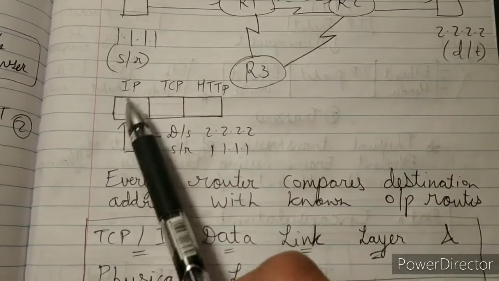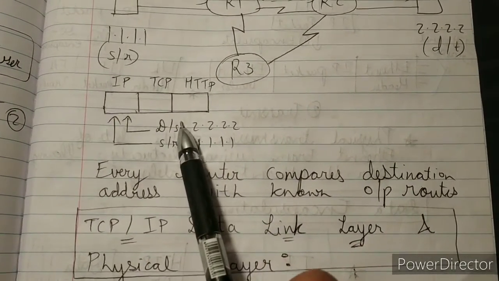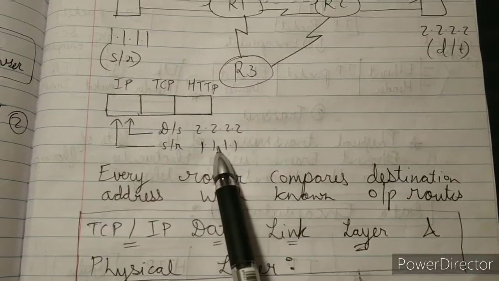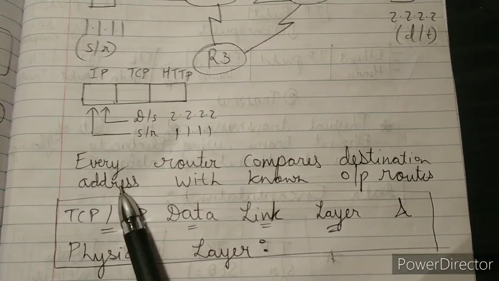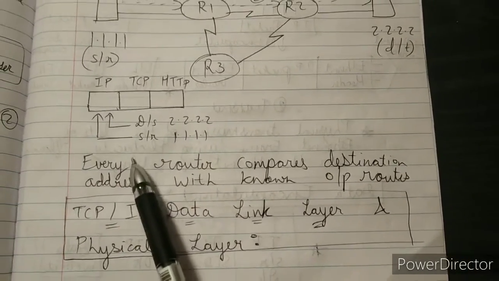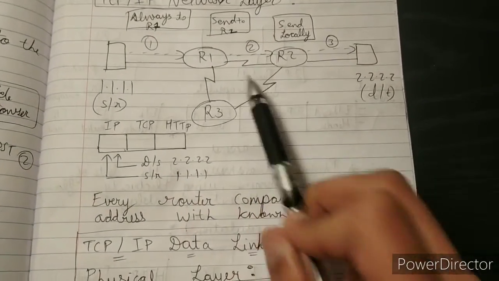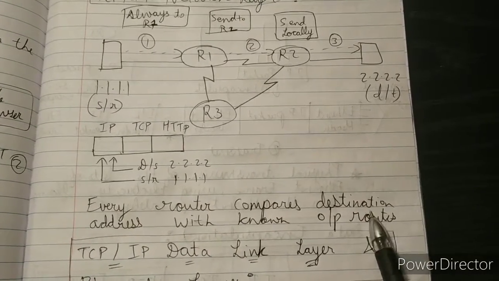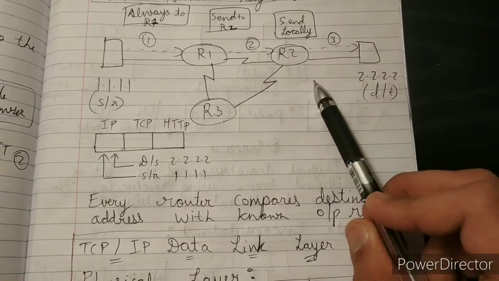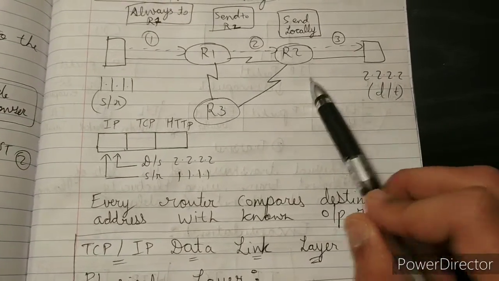The IP protocol may consist of the destination and the source IP addresses. One more thing which I would like to repeat, and which is the most important point here, is that every router present in the diagram will compare the destination address with the known output routes in the IP table or the routing table.